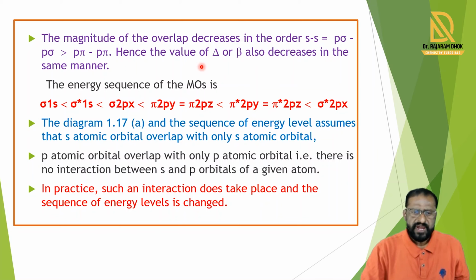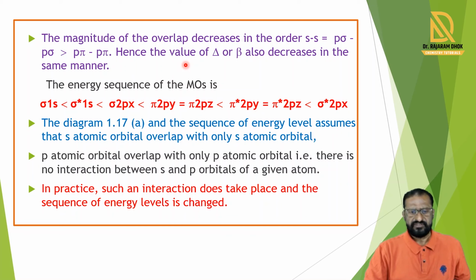If we see the magnitude of overlapping, then this magnitude of the overlap decreases in the order SS, that is equal to P sigma, and it is greater than P pi.